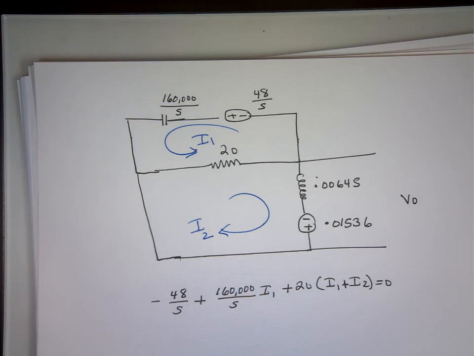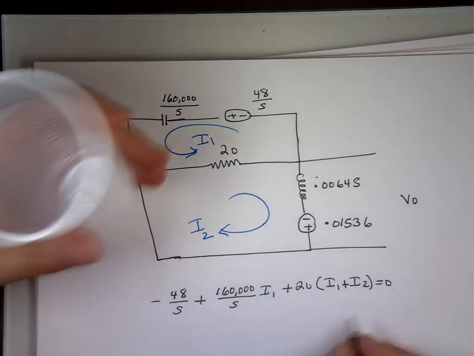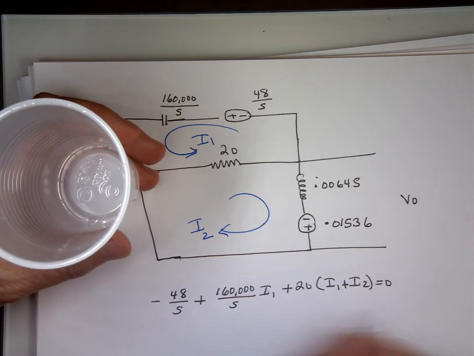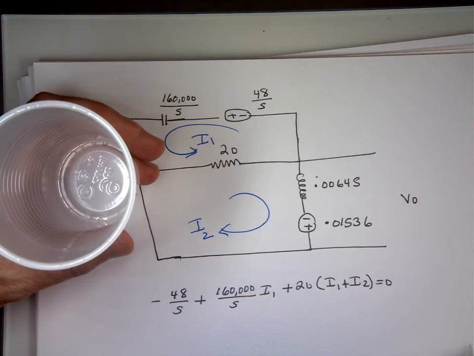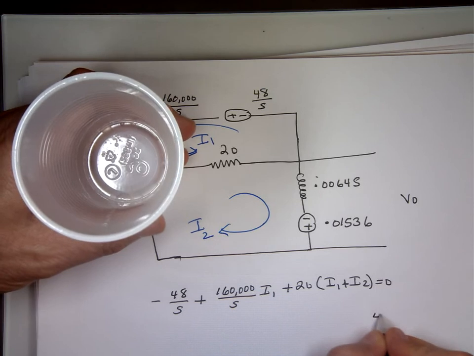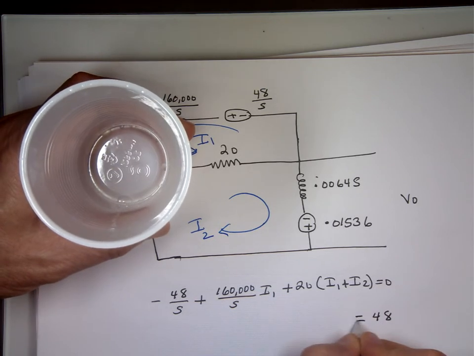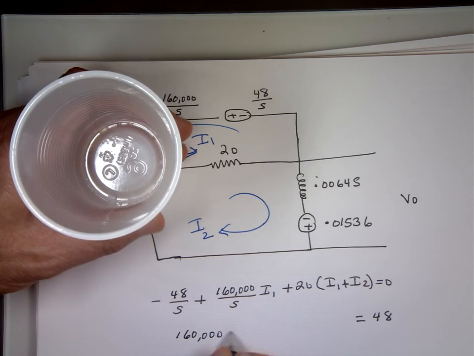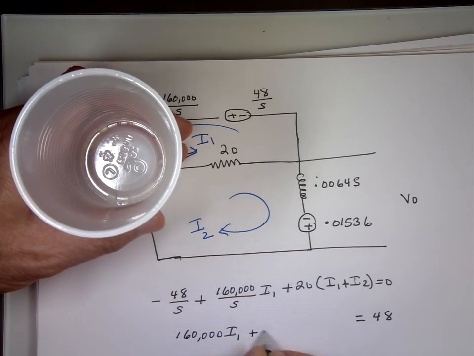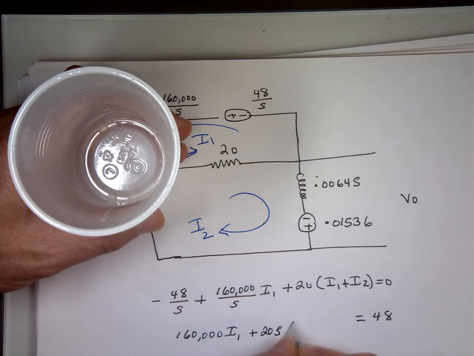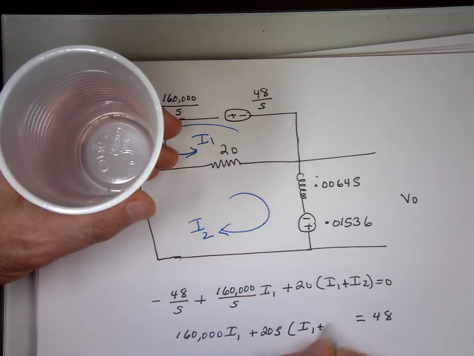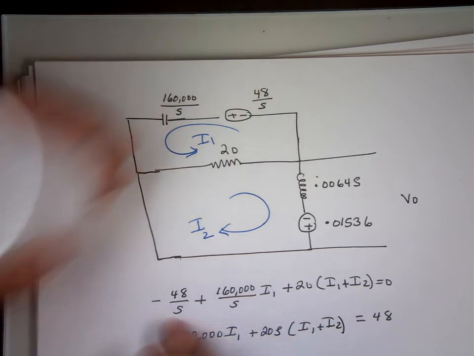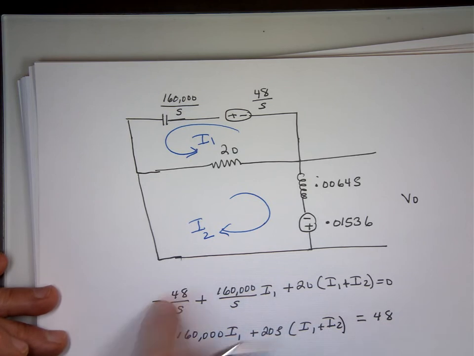I gotta clean it. If I multiply by S and I move the 48 there, I will have 48 equals 160,000 I sub 1 plus 20S times I sub 1 plus I sub 2. So I multiplied everything by S and I took this one to that side.